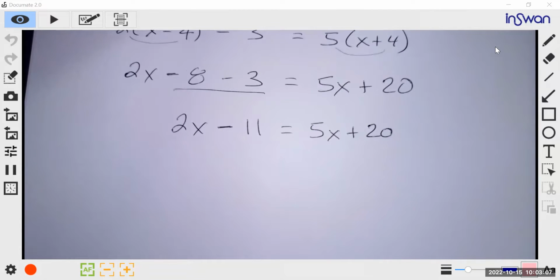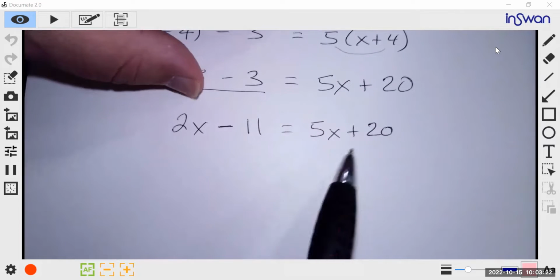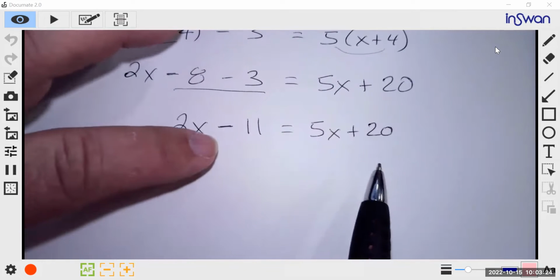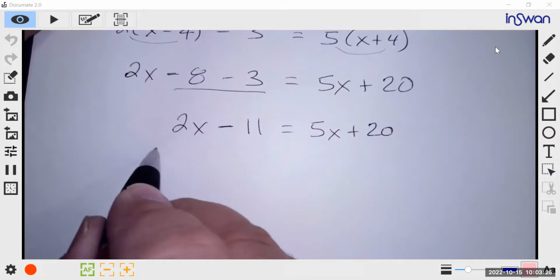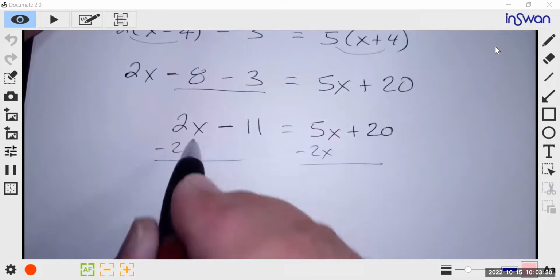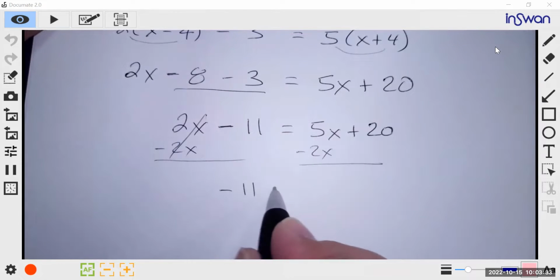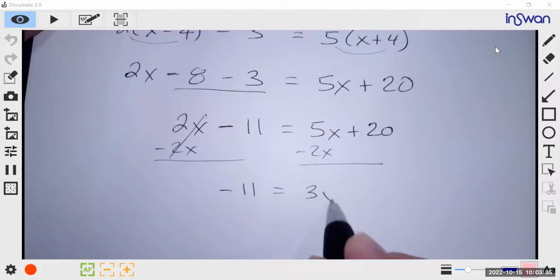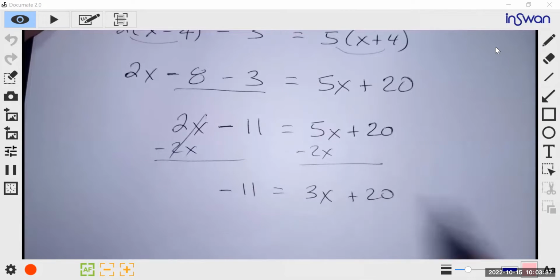Now what do we do? You have x's on both sides. Which one do you move? Always move the smaller one. When you have x on both sides, don't even look at other numbers. X's are the important thing. So we subtract 2x from both sides. So negative 11. 5 minus 2 is 3x plus 20.